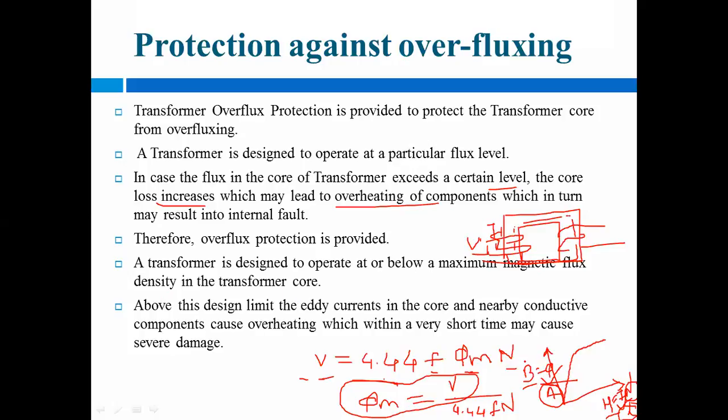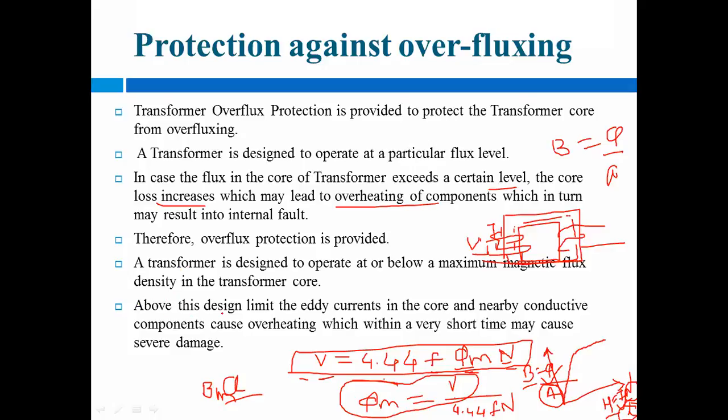So that's why the formula is Bm, or this B, is equal to phi divided by A. Means in the formula of the induced EMF, V is equal to 4.44 f phi m N, where phi m is the maximum flux and N the number of turns. Here we are taking Bm, the maximum flux density. So we can write the formula as Bm into A instead of this phi m.